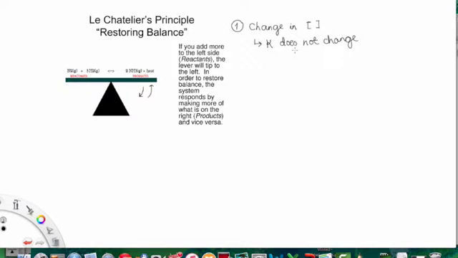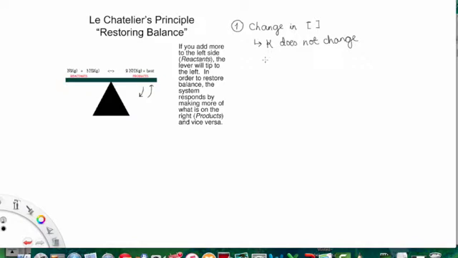The same would happen if more product is added: more reactant will form until the original ratio is attained again. So what does this tell us about chemical reactions? It's the adjusting process. To minimize the effect of concentration change, it's going to tip the balance and produce more of the other thing to restore this balance.